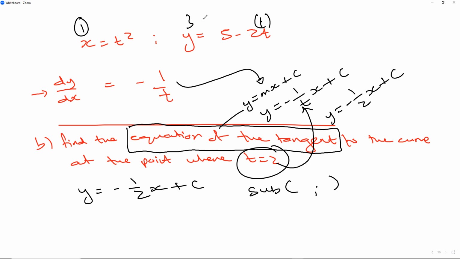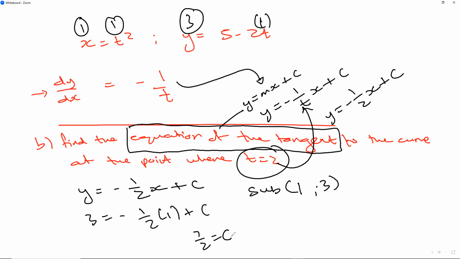So x is 1, y is 3. Then I end up adding 3 plus a half, which is 3.5, which is 7/2, and that is equal to c.